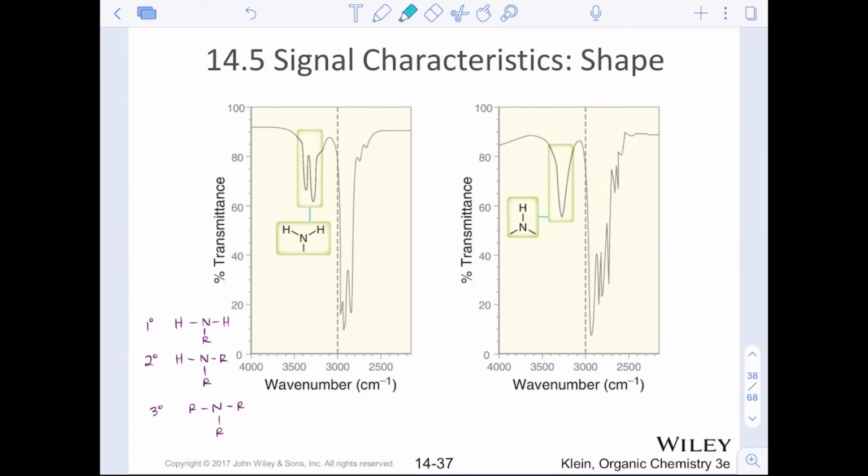So we wouldn't see anything in this upper range around 3,500 to 3,400. Now, for primary amines, we will see a signal for each hydrogen. For our secondary amine, we see 1 signal for that 1 hydrogen. They are broadened a little bit, but not as much as the OH.